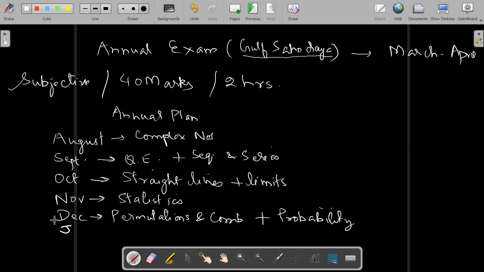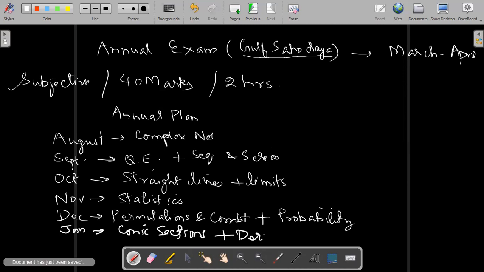January, we will do conic sections plus derivative. In January, you will try to complete your syllabus so that in February you will have the boards and in March you will have the final exam.